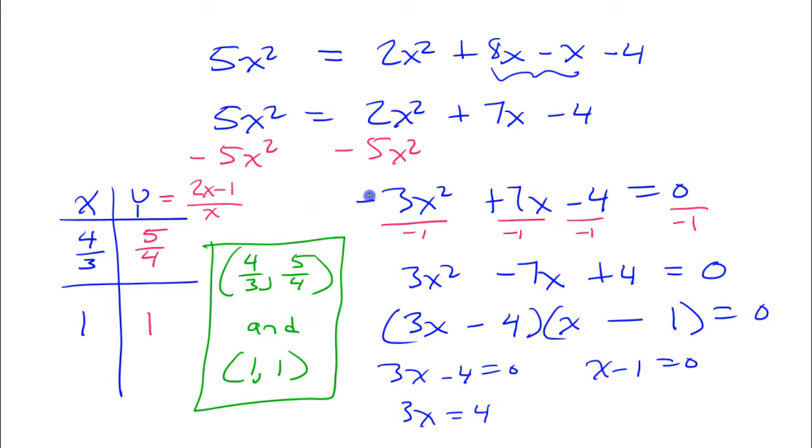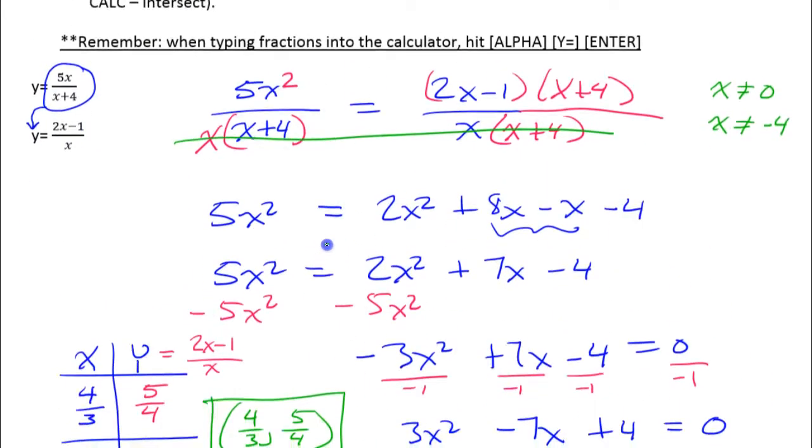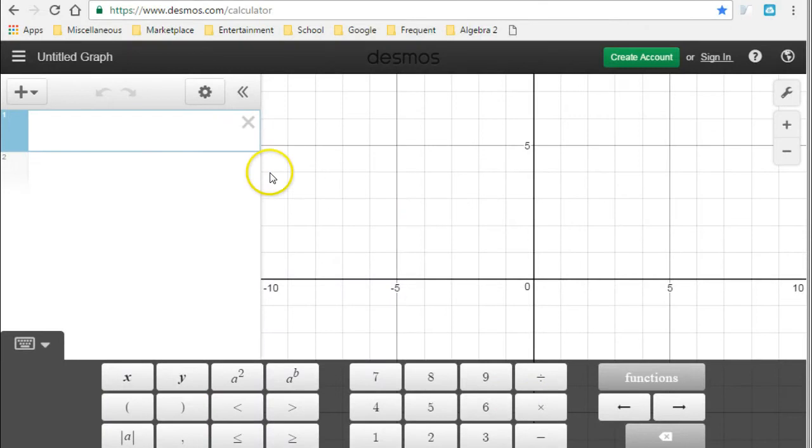Now let's just go back and take a quick peek graphically and see what this looks like. So let's use our phone as a graphing calculator. You can either go to Desmos.com or you can use the Desmos app on your phone.